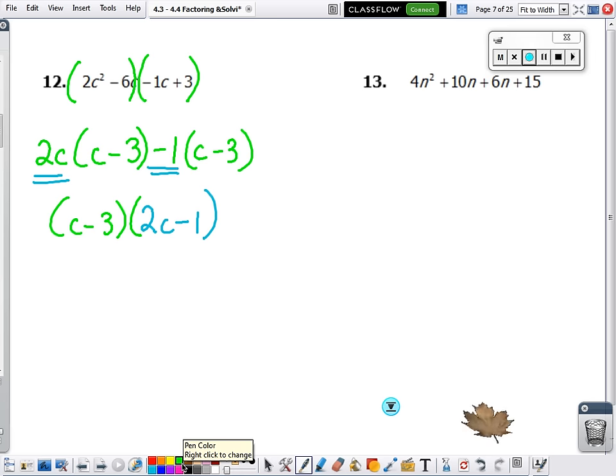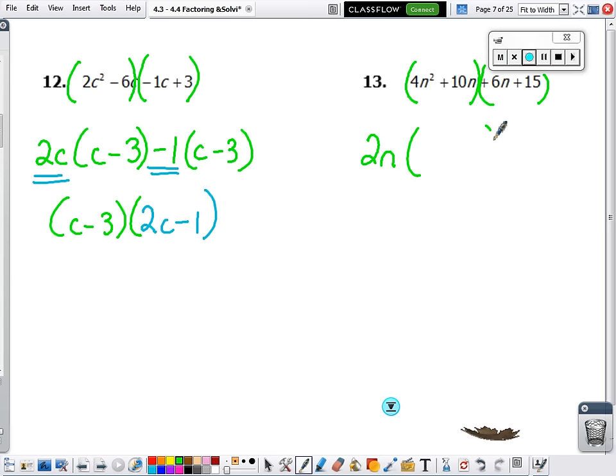Number 13. Once again, 4 terms, so I'm going to factor by grouping. 4n squared plus 10n, I can pull out a 2n. I'm going to be left with 2n plus 5.